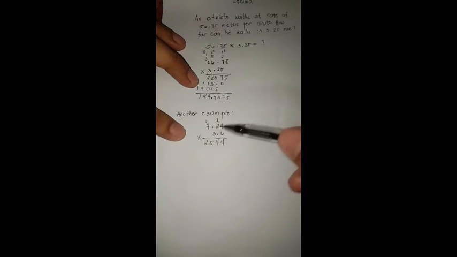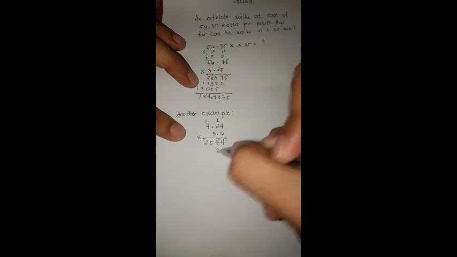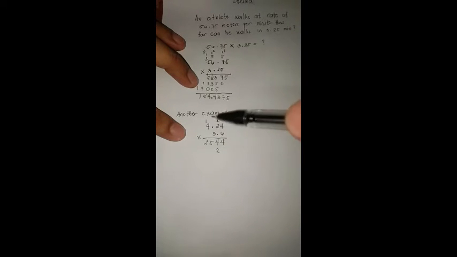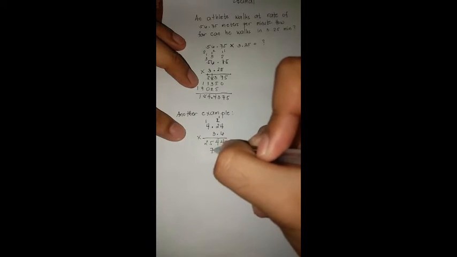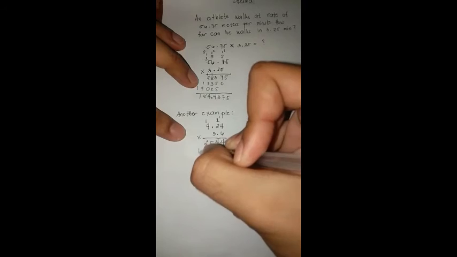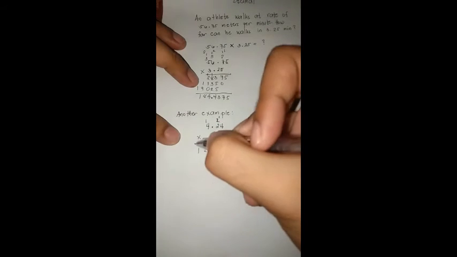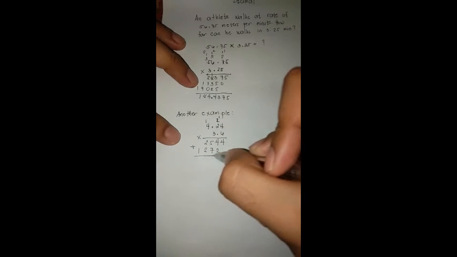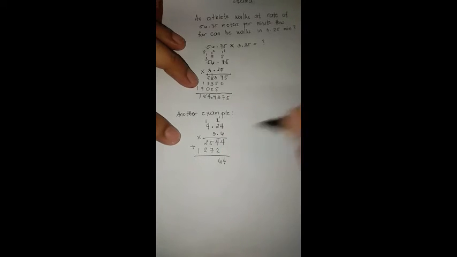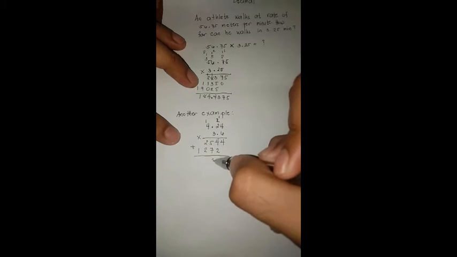Then 3 times 4 is equals to 12. Carry 1. 3 times 2 is equals to 6 plus 1 is 7. 3 times 4 is equals to 12. So, i-add lang natin yung ating partial product. So, bring down 4. 4 plus 2 is equals to 6. 5 plus 7 is equals to 12.